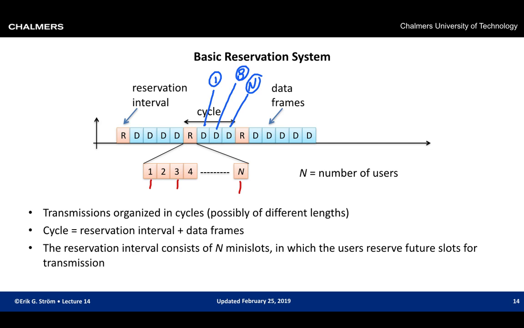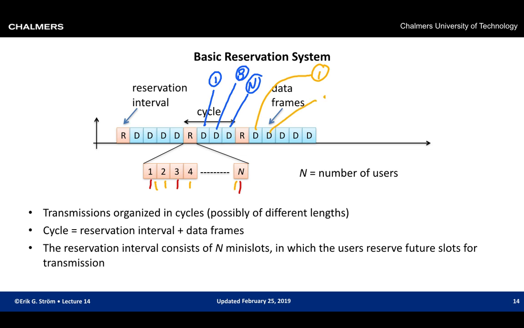Right? And then there is a new cycle, and for instance, maybe in that cycle, users number 1, 2, 4, and N again said that they would like to transmit. Then we know the order of transmission here. The first one would still be from user number 1 in this case.